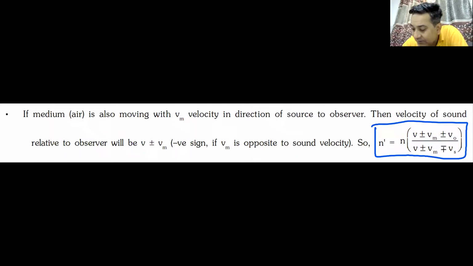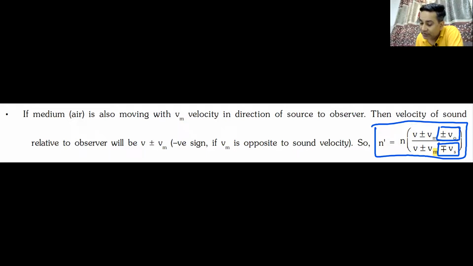The last case it is minus or plus. So remember here it is minus plus in the denominator, and in the numerator it is plus minus. That is the difference between the numerator and the denominator.